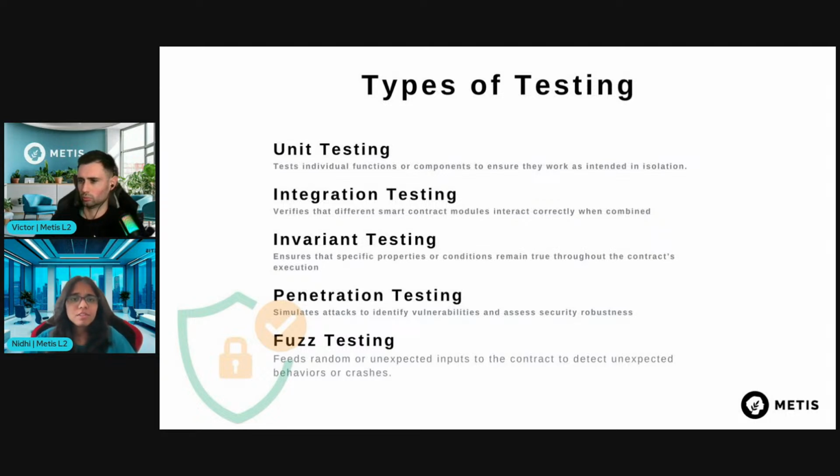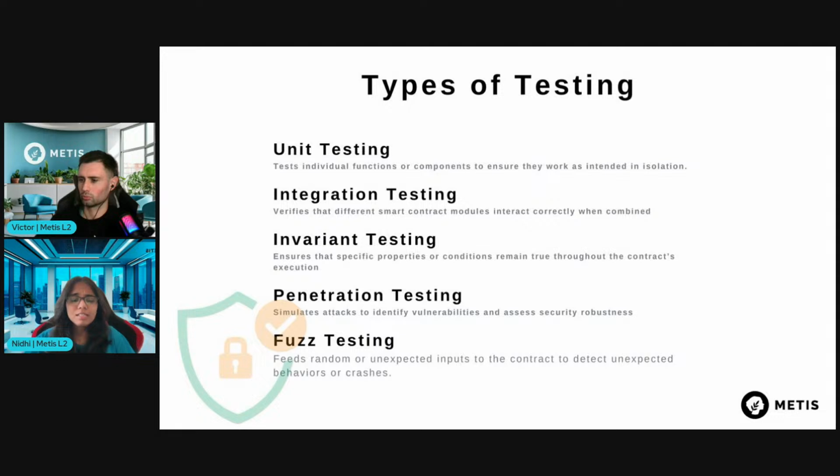First, we have unit testing, where we test individual functions or components of your smart contract in isolation. It's like checking each piece of the puzzle separately to make sure that each works perfectly on its own before you fit it into the bigger picture.